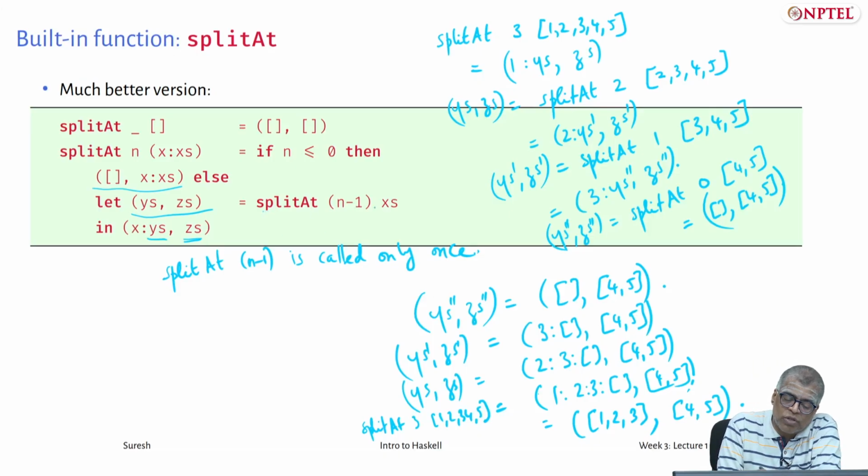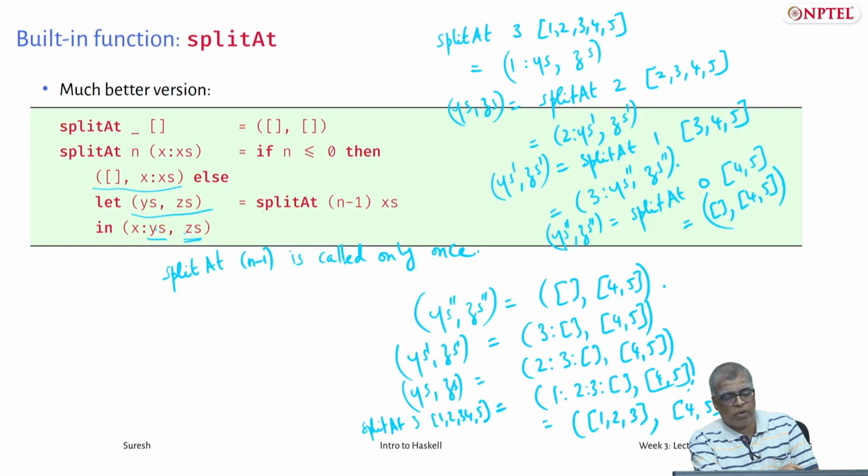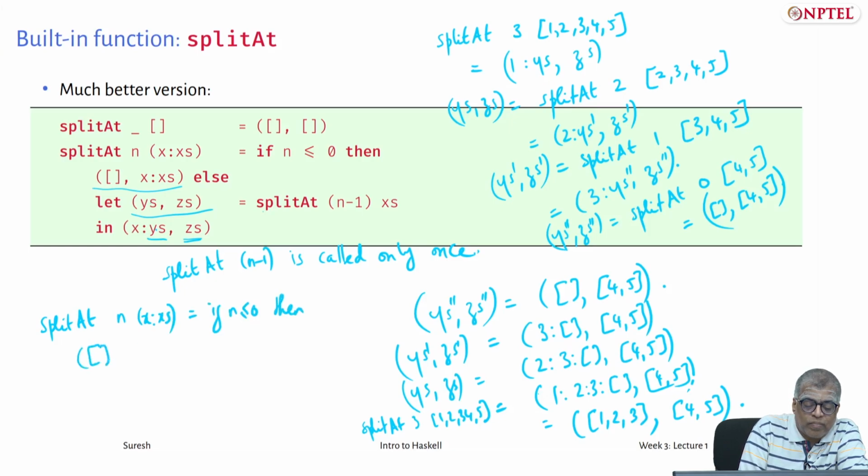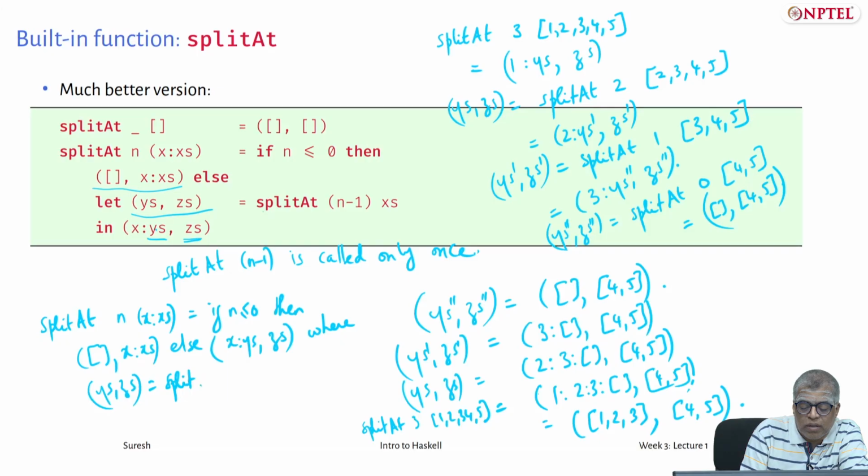So you are making one call to split at n minus 1, you are naming the 2 parts, and you are just using the name of the first part here and the name of the second part here in your final expression. You could also have done it using where: split at n (x:xs) equals, if n is less than or equal to 0, then the empty list and the whole list, else x:ys followed by zs, where (ys, zs) is split at (n minus 1) xs.